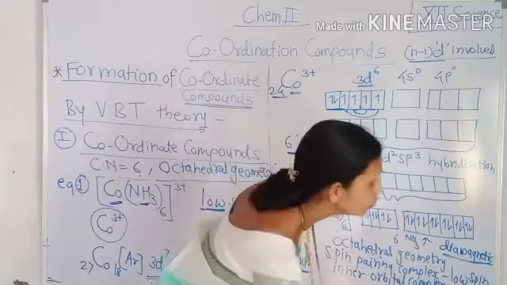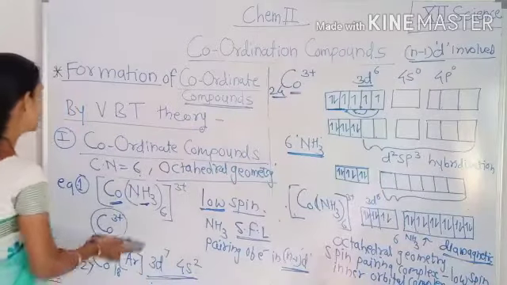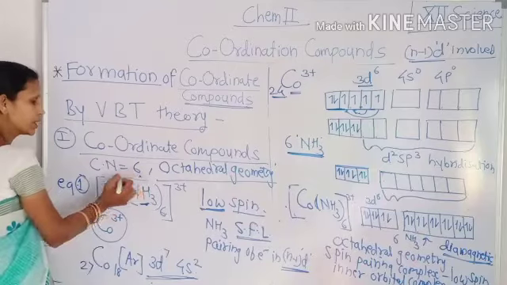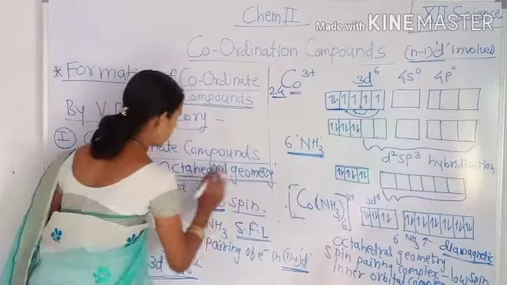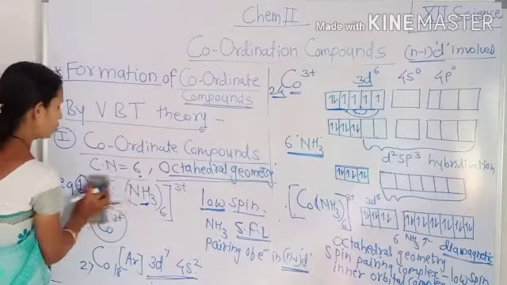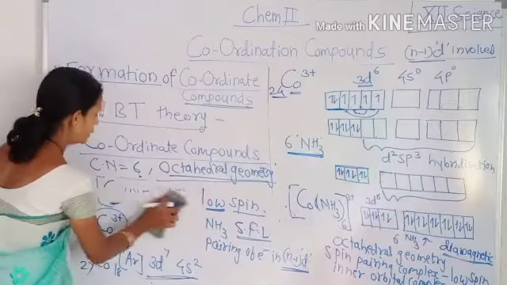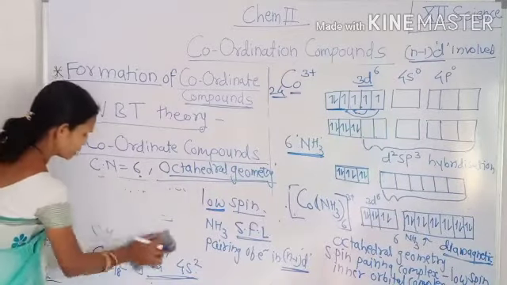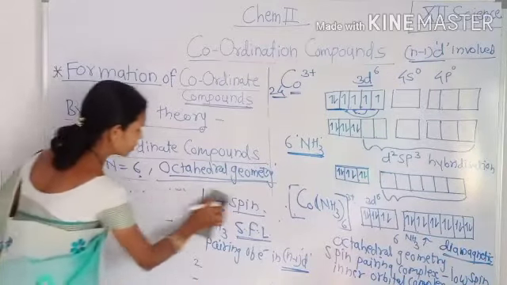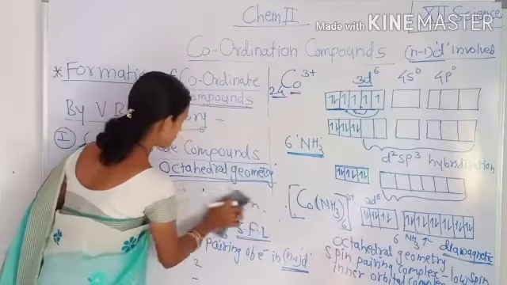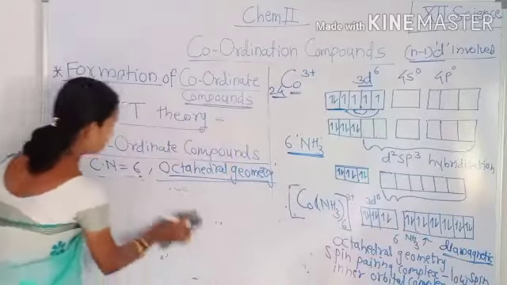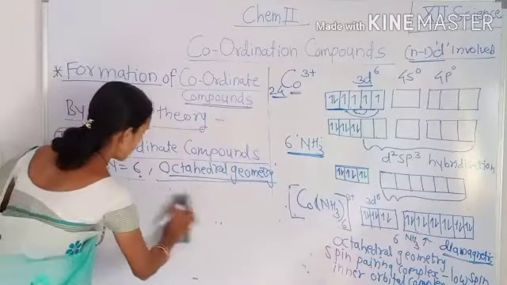Similarly, we have to study coordination compounds which have coordination number 6 and octahedral geometry, but which are high spin in nature. That means complex formation takes place with octahedral geometry, having the nature of a high spin complex.